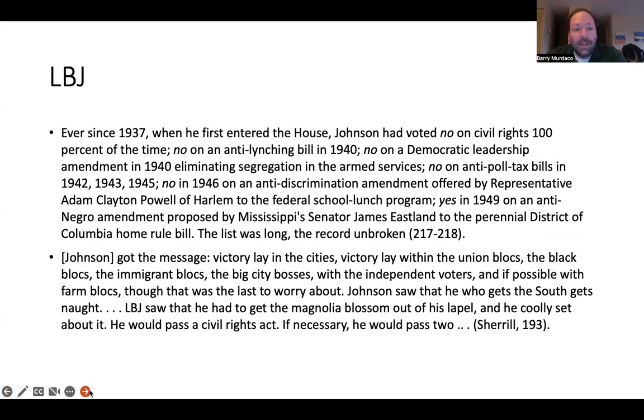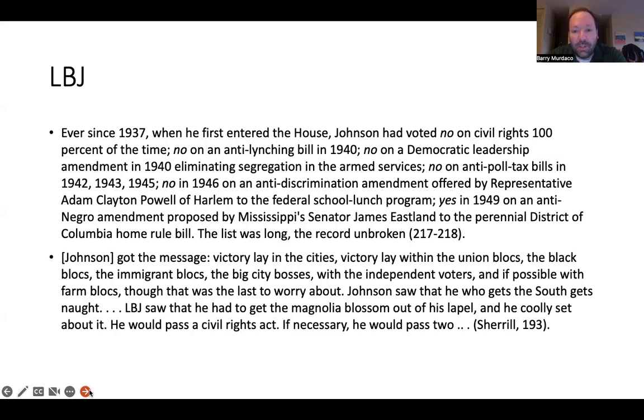Now we get to LBJ, Lyndon Baines Johnson, who, of course, would later become president of the United States. But up until the 1960s he was a staunch opponent of civil rights, as they write right here. Again, you can see the page numbers here. Ever since 1937, when he first entered the House, Johnson had voted no on civil rights 100% of the time.